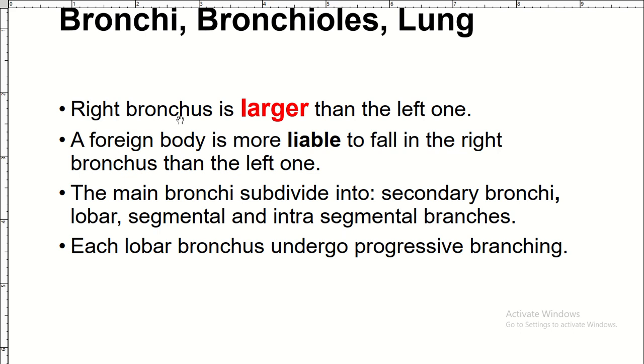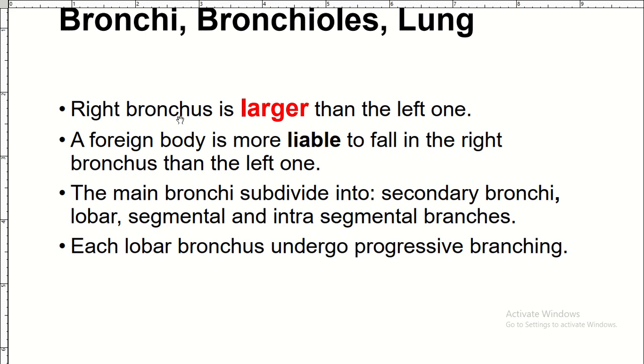And then these secondary bronchi are going to further divide into segmental bronchi, also called tertiary bronchi. In the right you're going to have 10, which correspond to bronchopulmonary segments. So the right lung has 10 bronchopulmonary segments, while the left lung has 8. These bronchi go to those segments, so they are called segmental or tertiary bronchi.